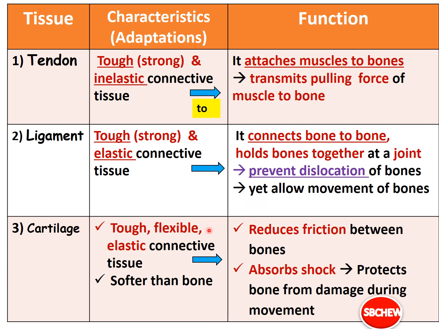Now, for cartilage, which we haven't discussed. So cartilage is found in the nose area or the ears, or even in the sternum, where the ribs are found, where the rib cage is found. So they are tough, flexible. You can just check with your ear.